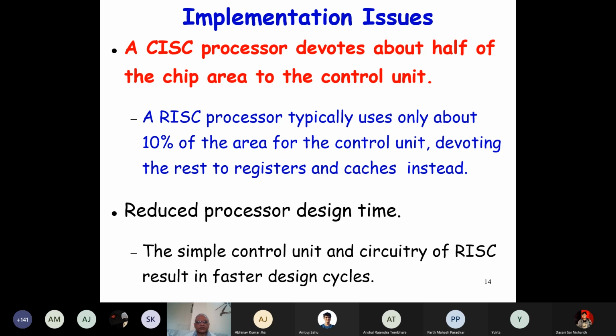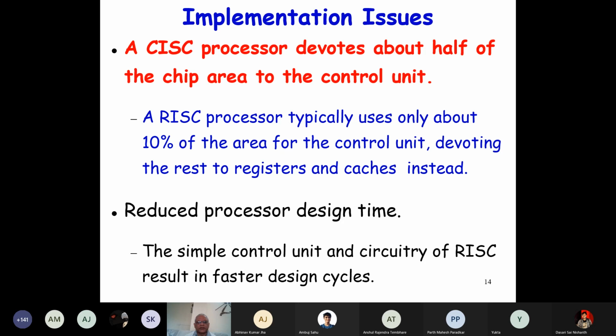If you look at the CISC processor, a large part of the chip area, at least 50% of the number of transistors in the processor, is for the control unit. In a RISC processor, typically 10% of the semiconductor area is used for the control unit, and the rest is for cache. In the RISC processor, we'll see that about 50% of the processor area is used for caches. 10% of the semiconductor area is used for the control unit, and the rest is for ALU and other things.